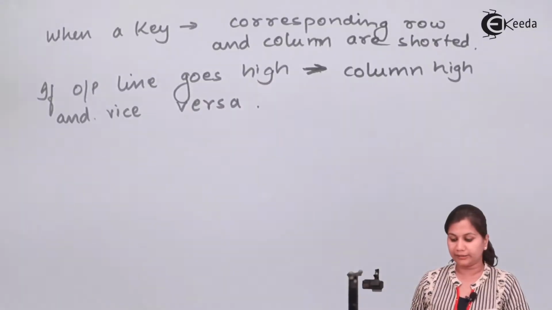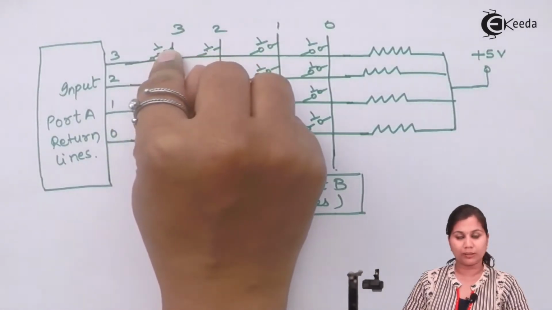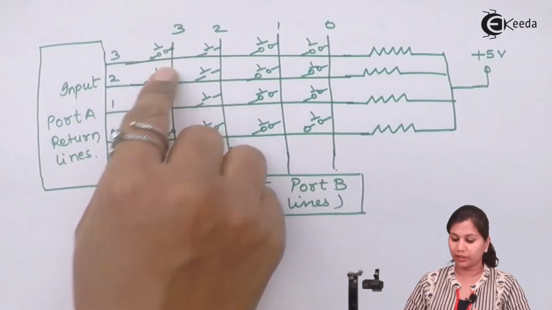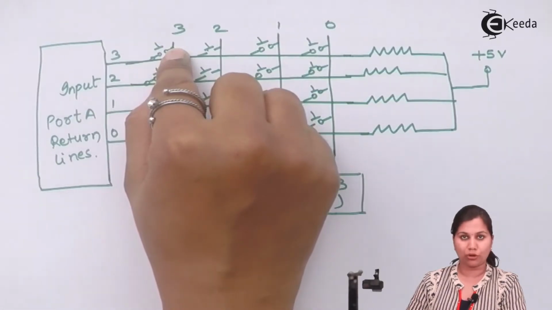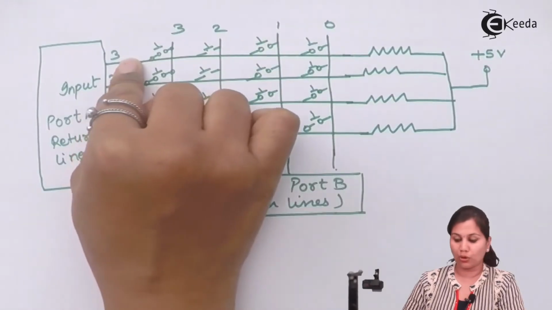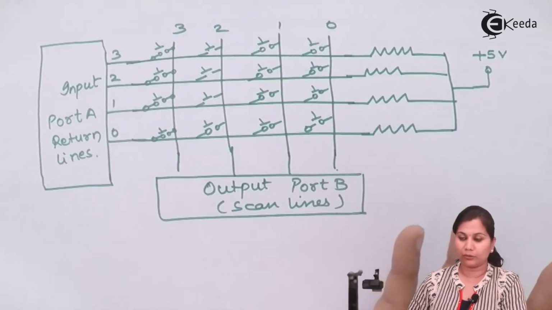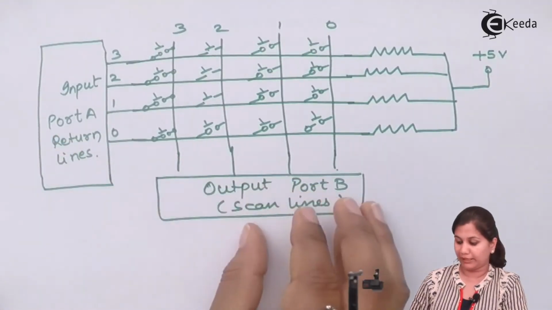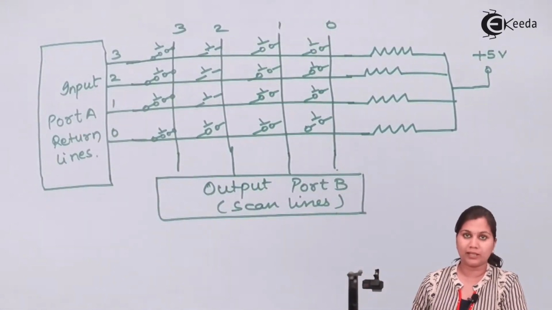You can see in the diagram that whenever any key is pressed, this circuit completes and the row and the column short with each other. Because the power supply is given to this row, the corresponding column or output line also becomes high. The microcontroller reads those output lines, and according to that it identifies which key is being pressed.